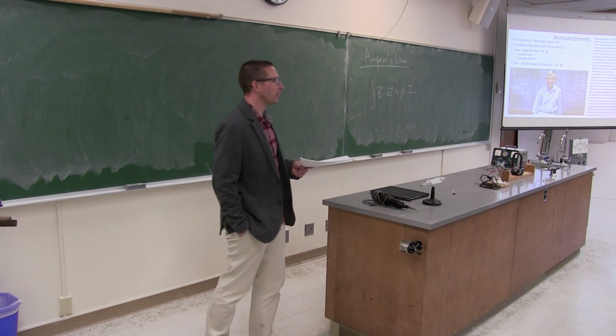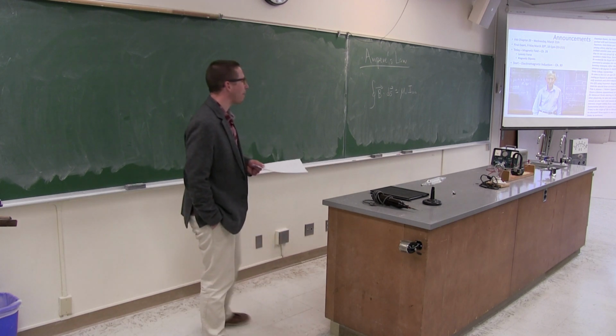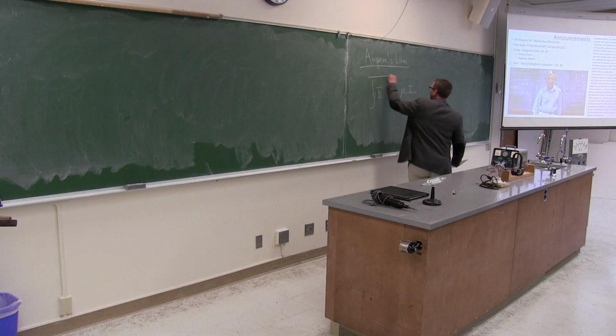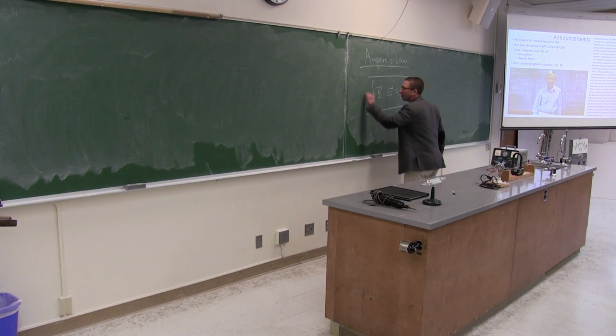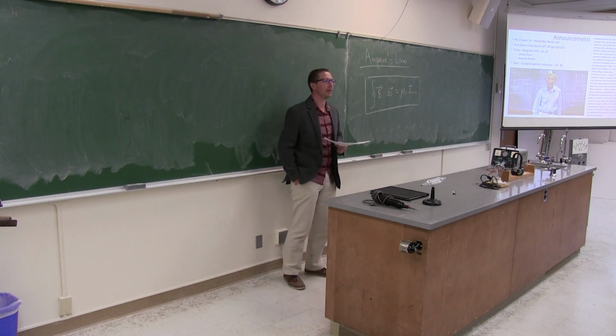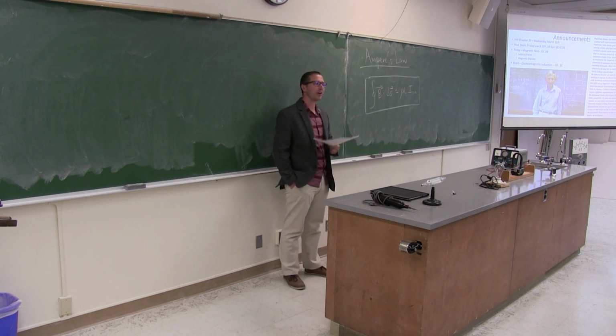That can be kind of hard, right? So we wrote down Ampere's law, which allows you to find the magnetic field of a current distribution when it would be harder to find it using the Biot-Savart law.